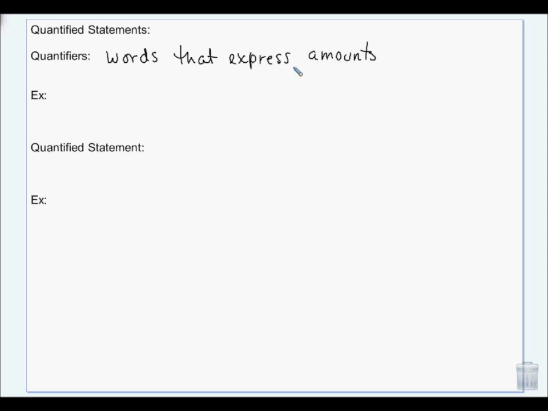Like they don't say 2 or 3, but they are all, some, no, and none. A quantified statement is just a statement that contains a quantifier.